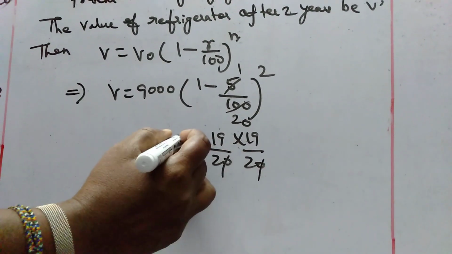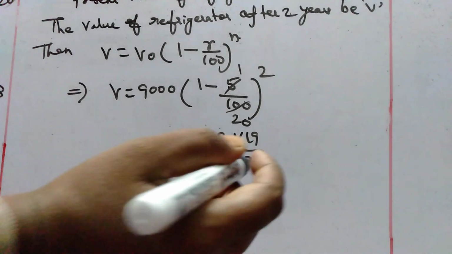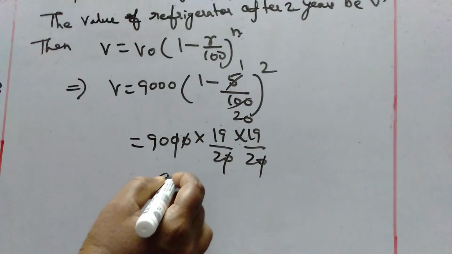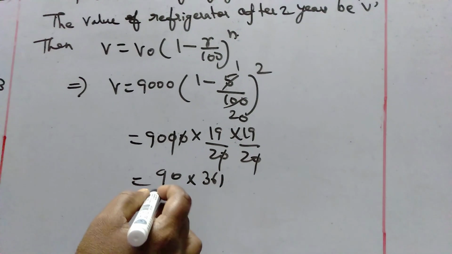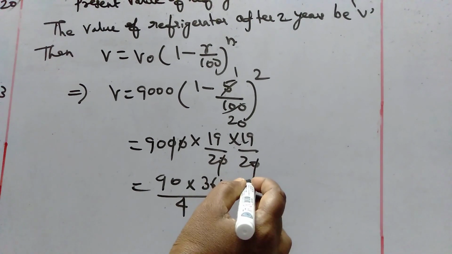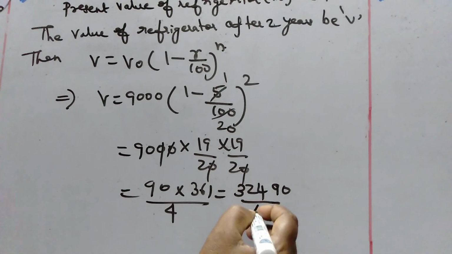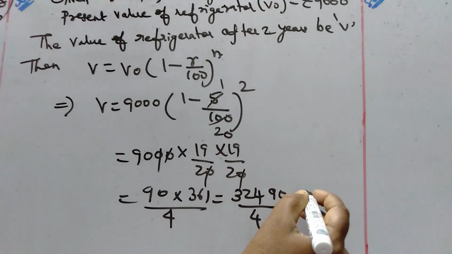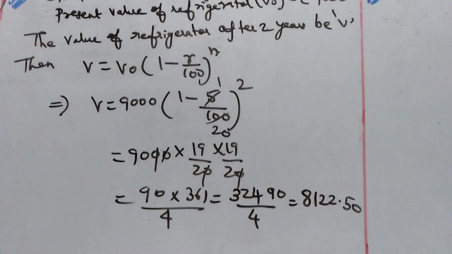Cancelling these two zeros, you will be getting 90 into 19 into 19, 361 by 4, which is equal to 32490 divided by 4. What we will be getting is 8,122.50, right?